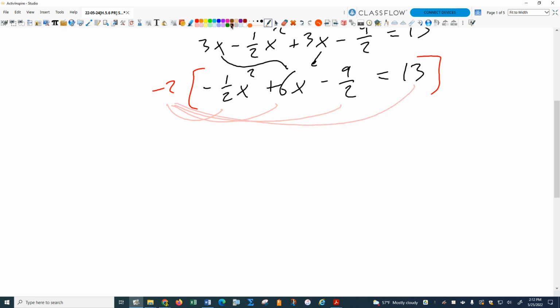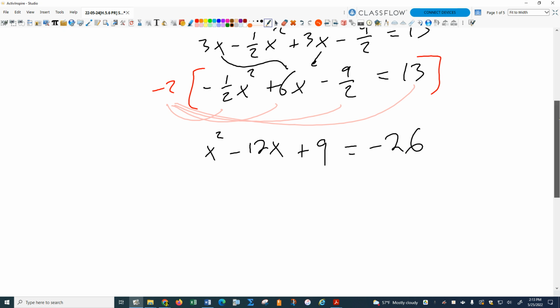What's that going to give me then? -2 times -1/2 is +1 x squared. -2 times +6x is -12x. -2 times -9/2 is +9. And -2 times +13 is -26. That's looking way better. Now we got a quadratic equation that's pretty easy to deal with.